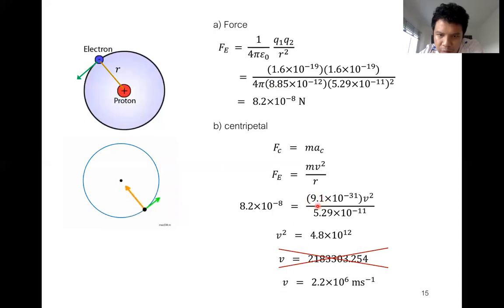But before that, you need to Google the mass of an electron, which is 9.1 times 10 to the minus 31 kilograms. You need to put in the mass of the electron before you can find that the speed of the electron around the nucleus of the hydrogen atom is about 2.2 million meters per second. It's very fast.